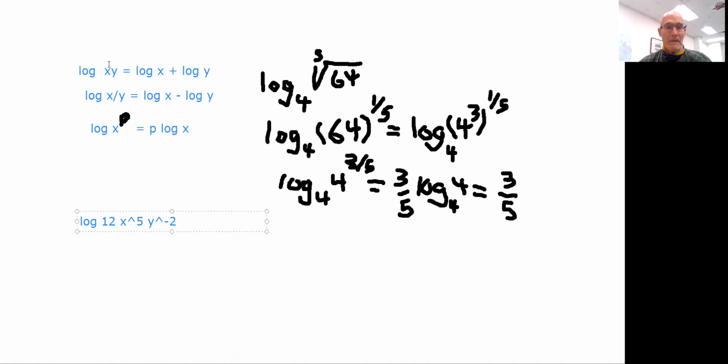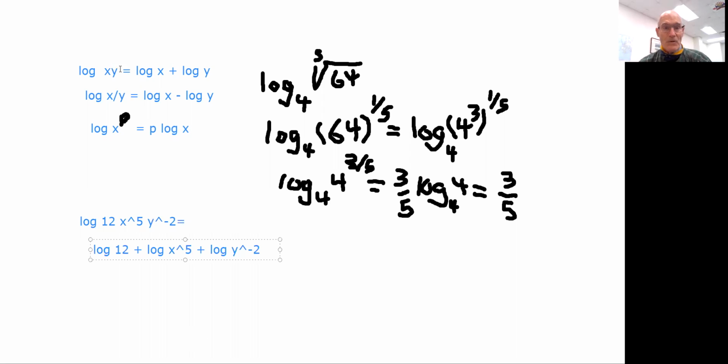Up here, my rule says if I'm multiplying, I add, and in all the cases here, I'm multiplying, so I can say this is equal to the log of 12 plus log of x to the 5th power plus the log of y to the -2 power.